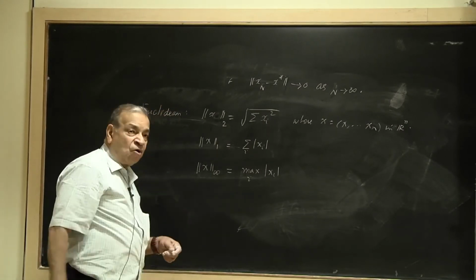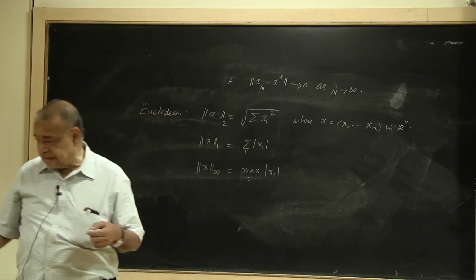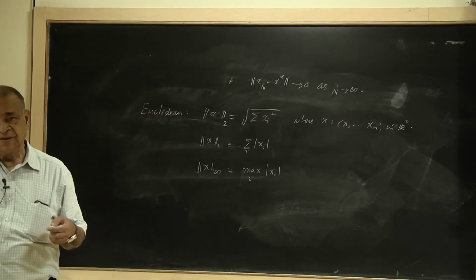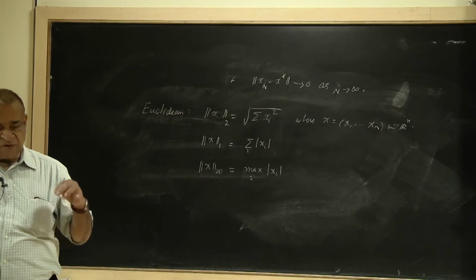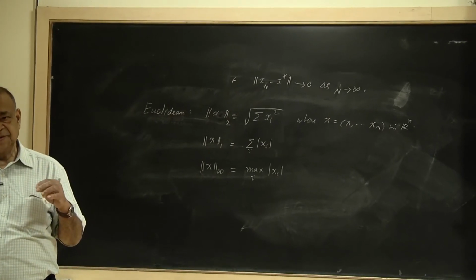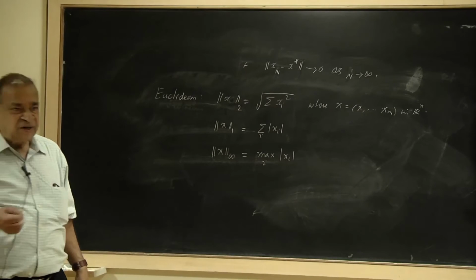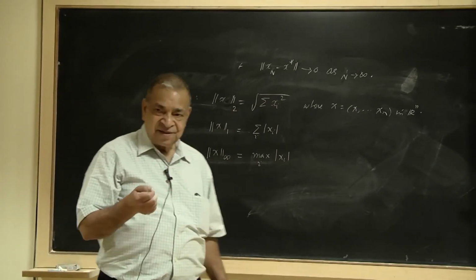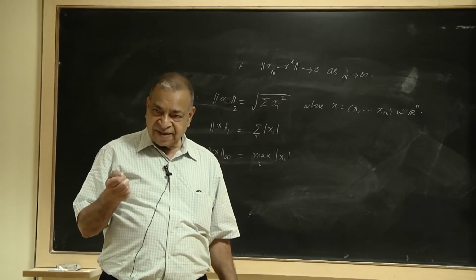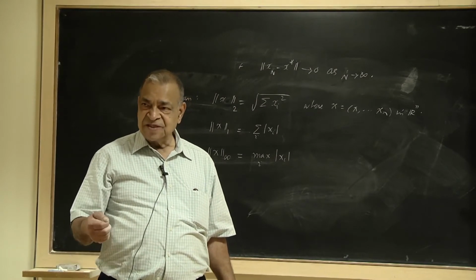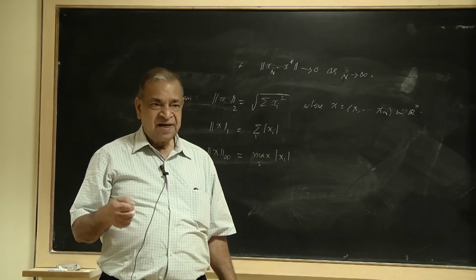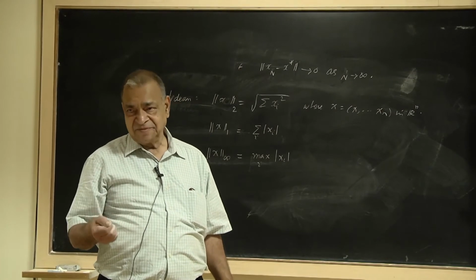So now I want to, a major achievement in the last few years is to get hold of this fixed point in a constructive way. Not that you are going to have it exactly.